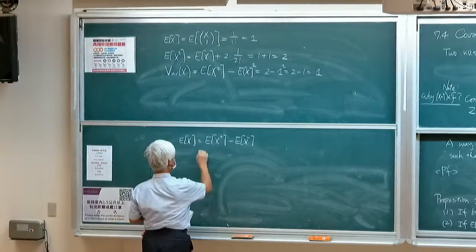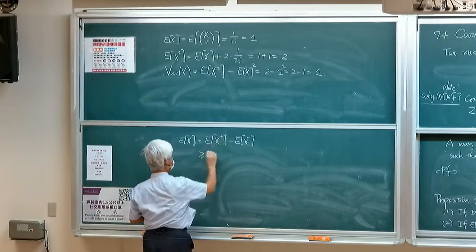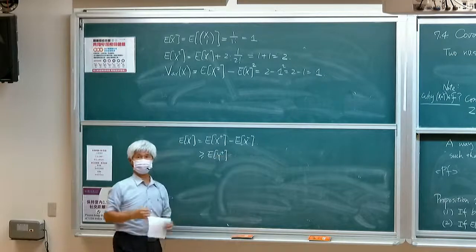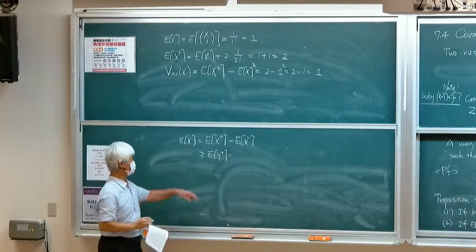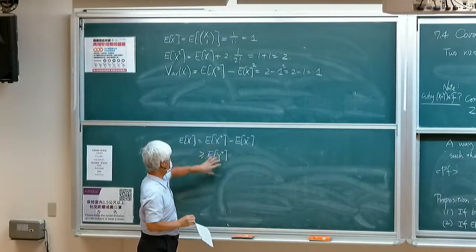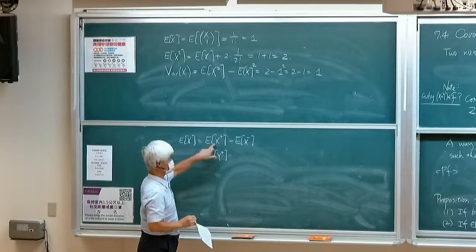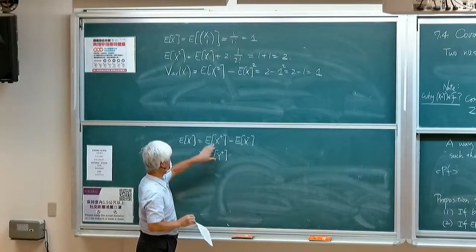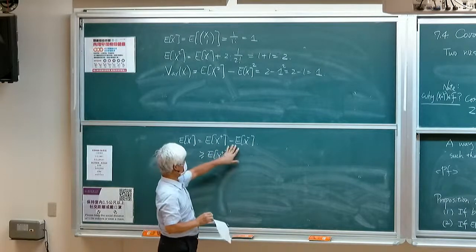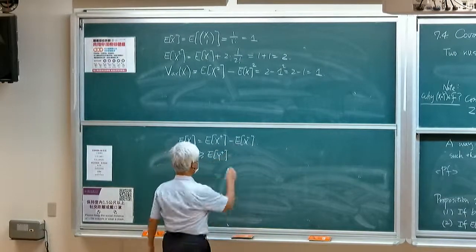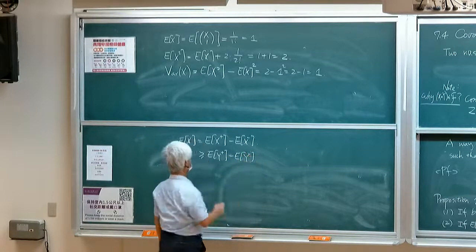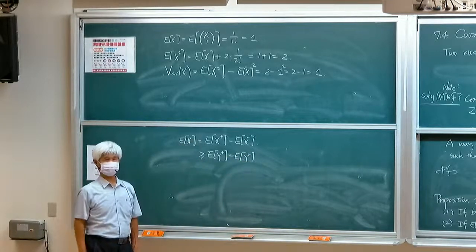And this is greater than or equal to the expectation of the positive part of Y, right? So this is the lower bound, this is less than or equal to this one. And you subtract something bigger, so you keep the lower bound.